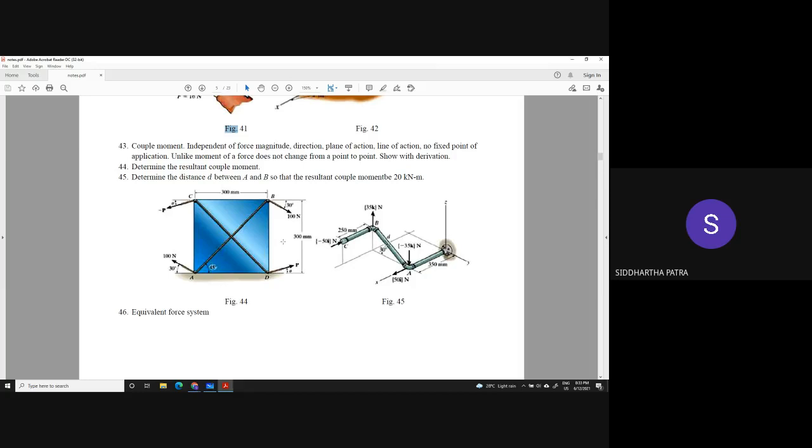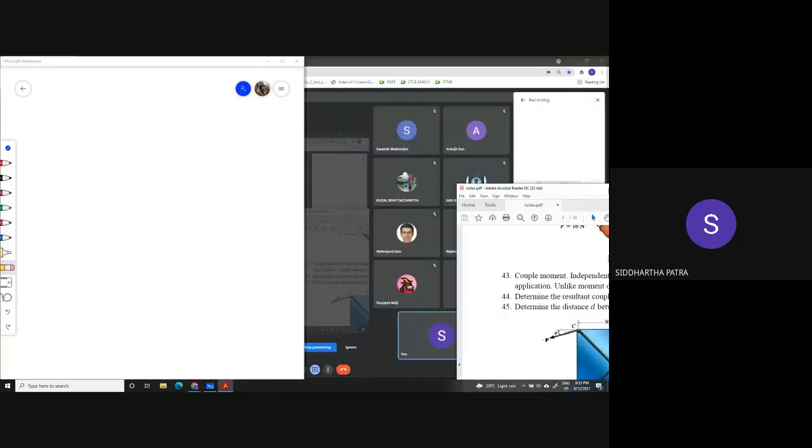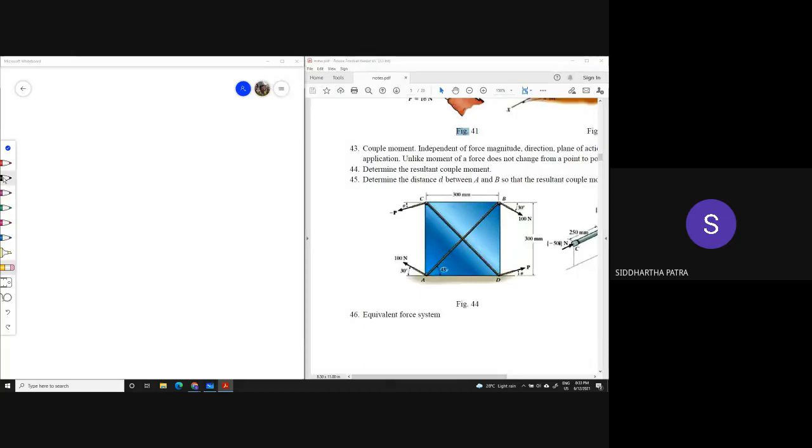So determine the 100 Newton force at point B as a Cartesian component, as a Cartesian force vector. For example, you can do this. So if B is essentially this, no, sorry, it's 30 degrees, right?